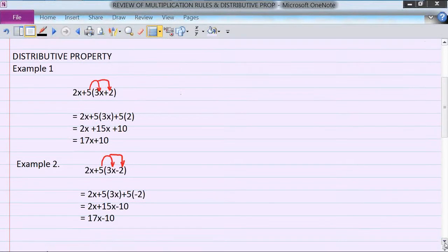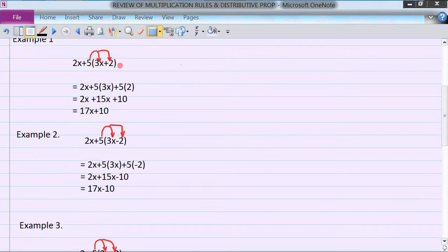Now what we're going to do is change this same problem and just put a minus here in place of the plus. So again, we've got plus 5 times plus 3x, and that's going to give us 15x. And here we have plus 5 times minus 2.